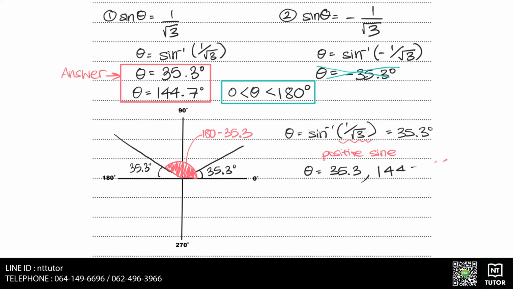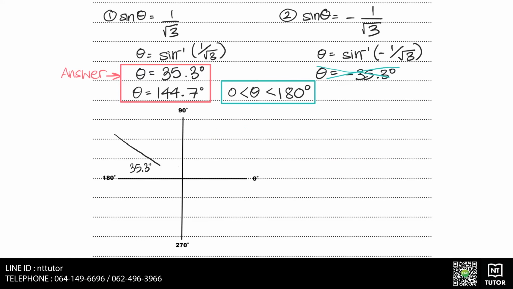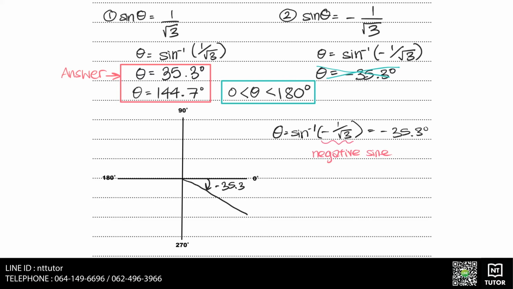If we do the same for sine theta equals minus 1 over root 3, theta equals inverse sine of minus 1 over root 3, which gives negative 35.3 degrees, which would be 35.3 degrees clockwise from the positive x-axis. And this is a negative sign, so the other quadrant that gives a negative sign would be the third quadrant.